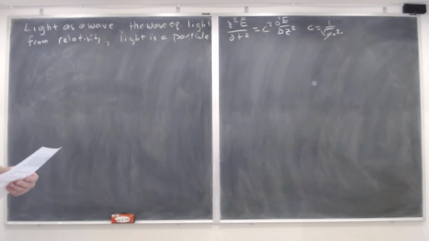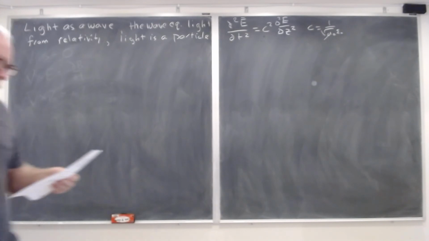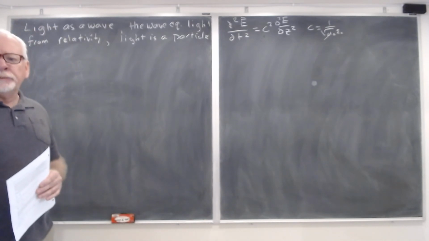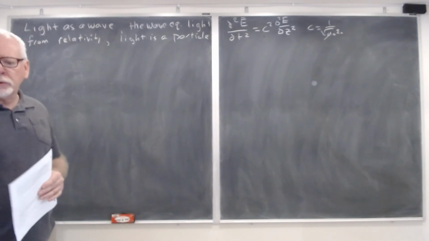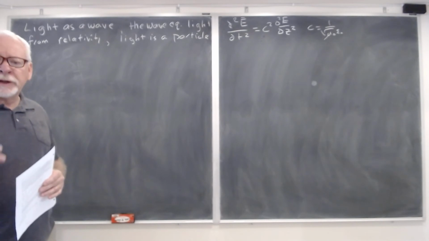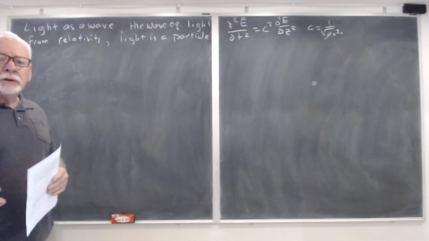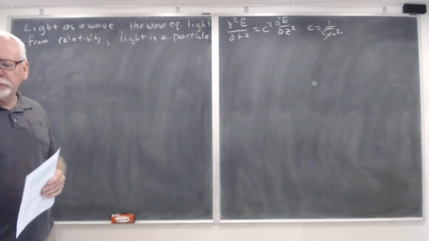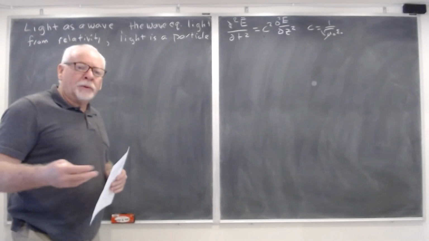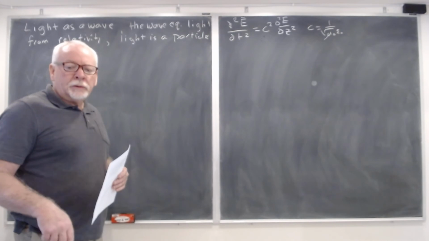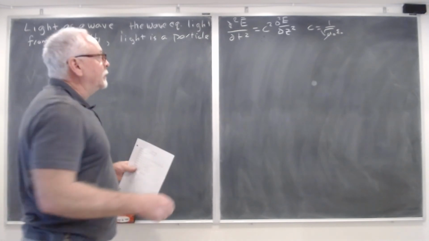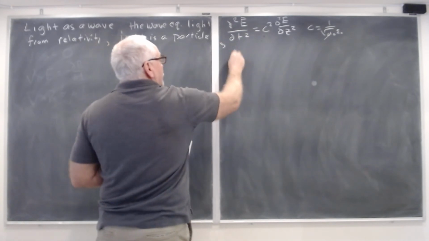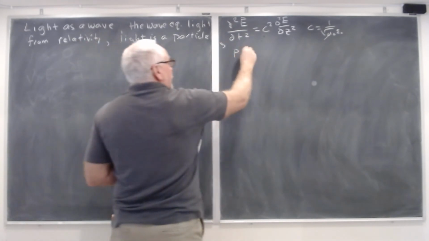What we showed from relativity is that since as the speed of a particle approaches the speed of light, its mass increases to the point where at the speed of light it would be infinite, a particle, the photon, with no mass moving at the speed of light has momentum, and that momentum, p, is given by h over lambda.